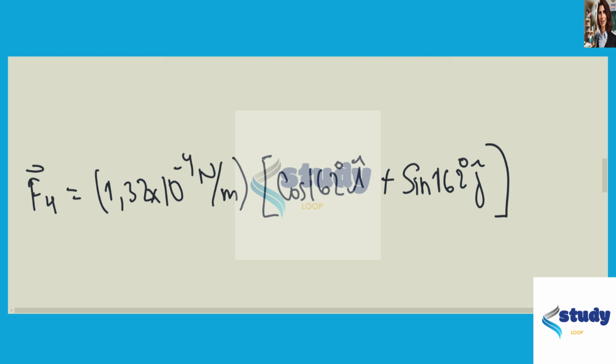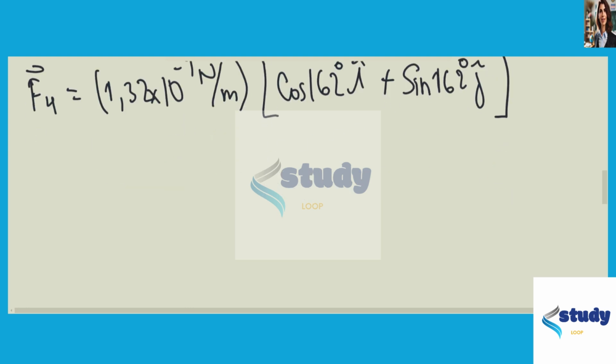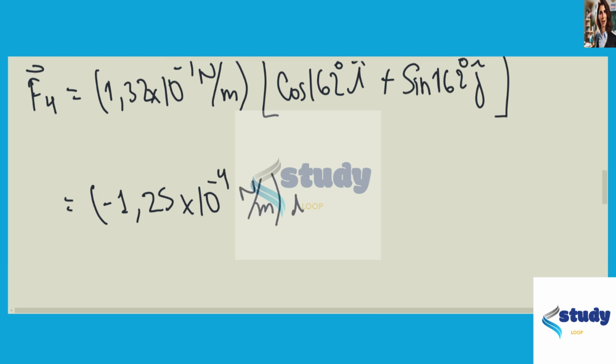And this is equal to minus 1.25 times 10 to the minus 4 newtons per meter in the x component.